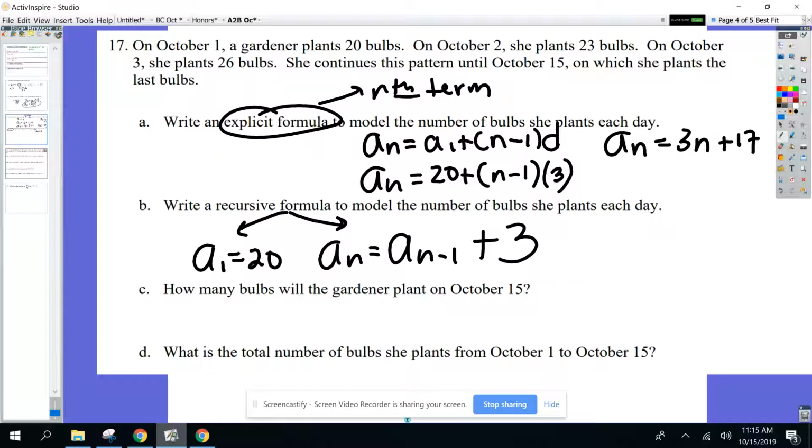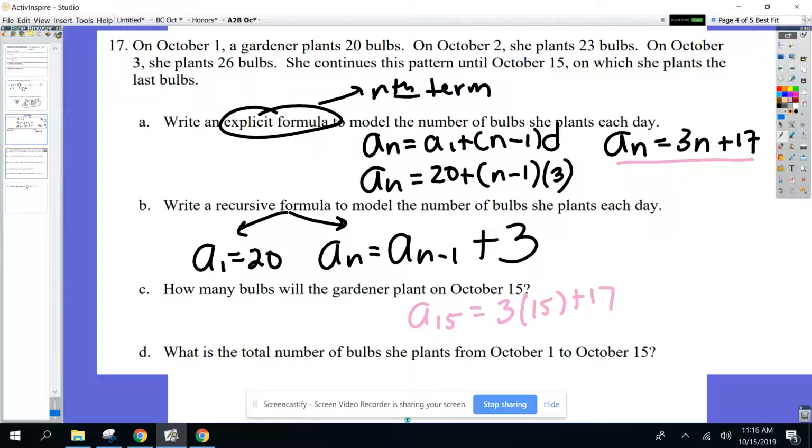Which one? What's 26? Where's that coming from? I'm looking for day 15 now. Okay, so take this equation and plug 15 in for n. So A_15 equals 3 times 15 plus 17. That'll tell you how many are on the 15th.